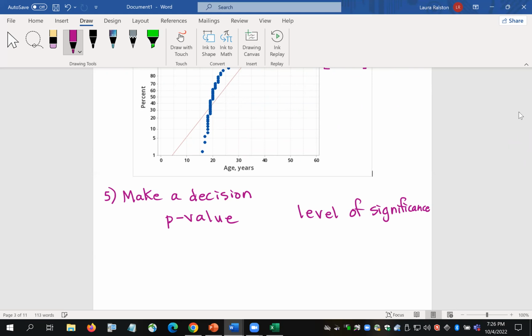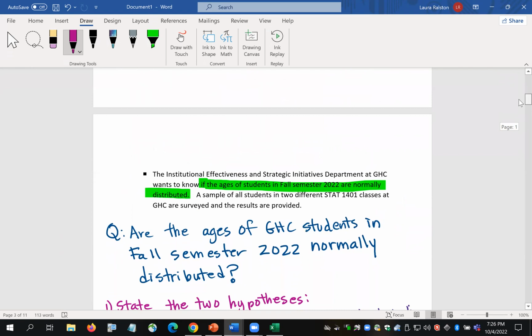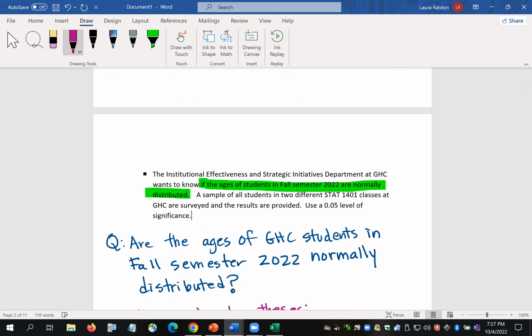Let's see. Yes, I did. I forgot to give you a level of significance. So let's just say use a 0.05 level of significance. Okay. Typically, if there's not one given, that's the rule of thumb because that's the most commonly used one.